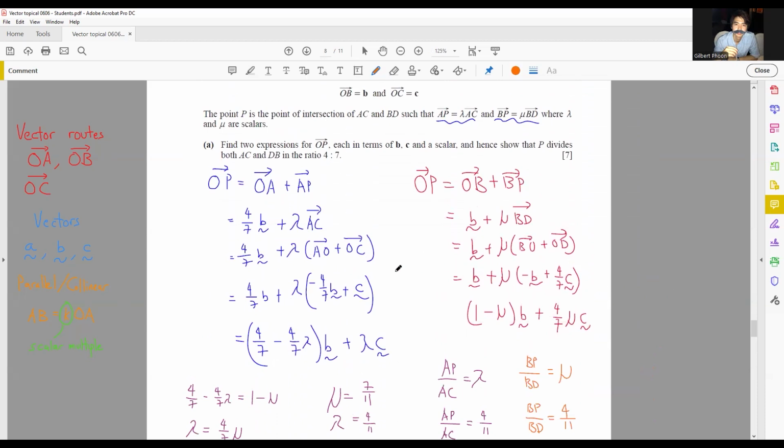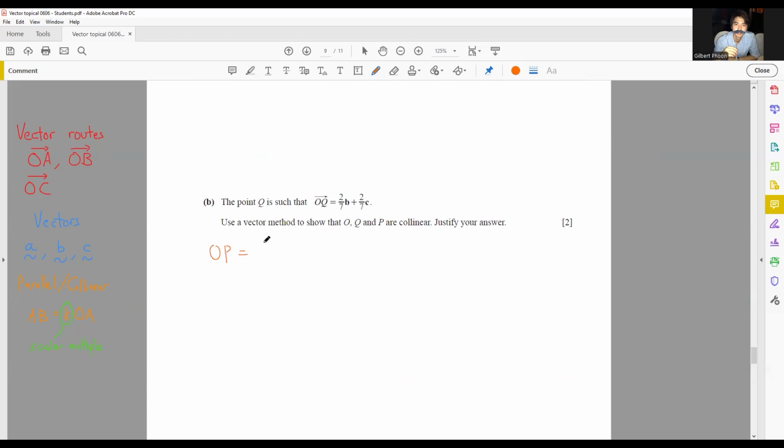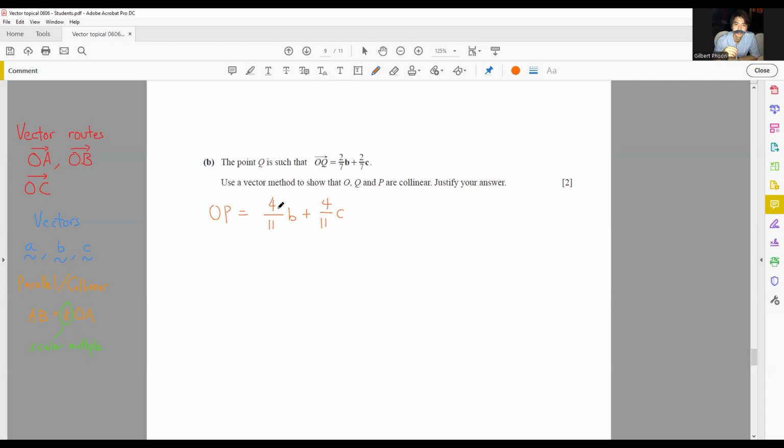Since we've gotten λ and μ already, I can straight away simplify the whole thing and get that OP is equal to 4 over 11 B plus 4 over 11 C. Right? Then, as you can see, they are a multiple of this, even though the multiple is a bit weird. You can use 2 over 7 divided by 4 over 11, and this is equal to 14 over 11.